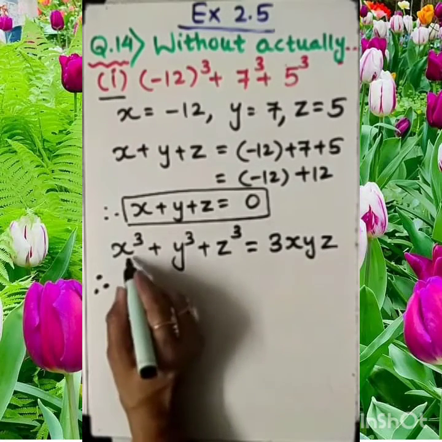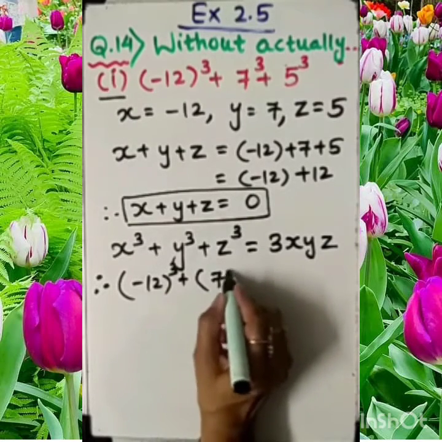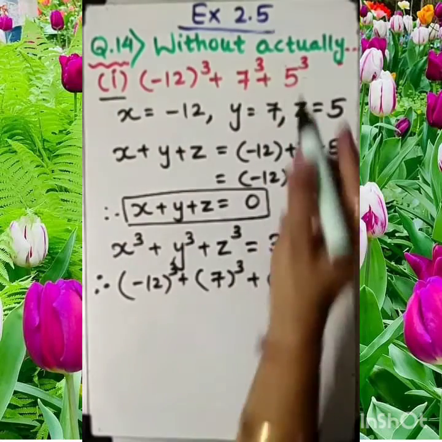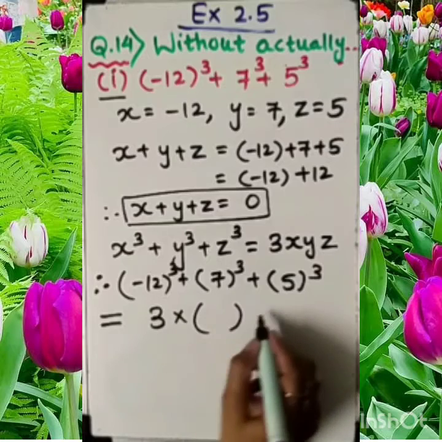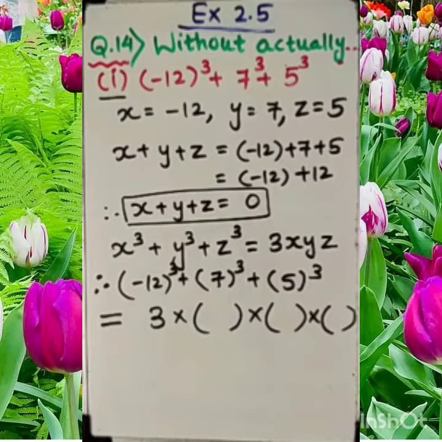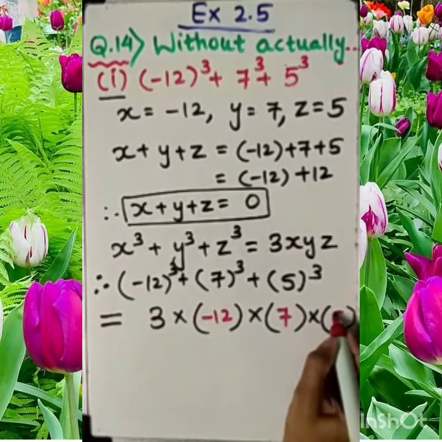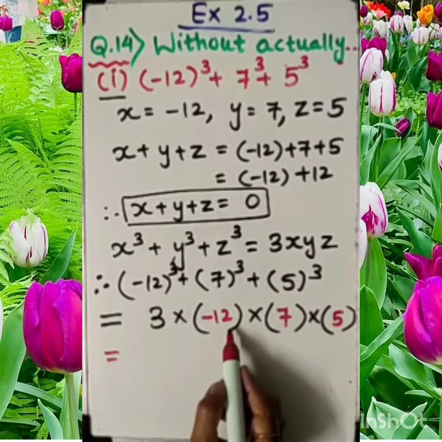It means that x here is minus 12 cube, y is 7 cube, z is 5 cube, which are given in the question, equal to 3 into x, y, and z. What is x? If we go with that, then x is minus 12, y is 7, and z is 5. Simple, we need to multiply. You know very well how to go with that.